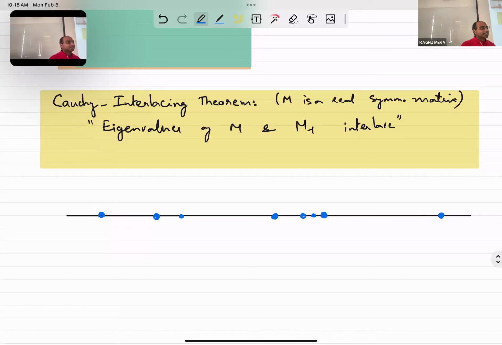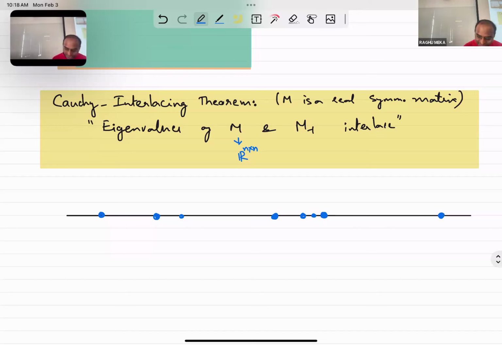Make sense so far? Now, how many eigenvalues does M have? Let's say it's an n by n matrix. It has n eigenvalues. And so I would have n dots here. How many eigenvalues would M minus 1 have? N minus 1. Now, given that I tell you eigenvalues of M and M minus 1 interlace, what do you think it means? The eigenvalues of M minus 1 are basically going to be in these gaps.